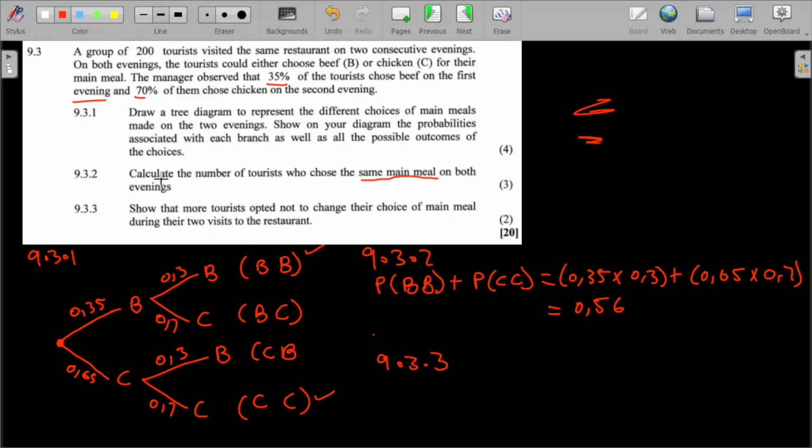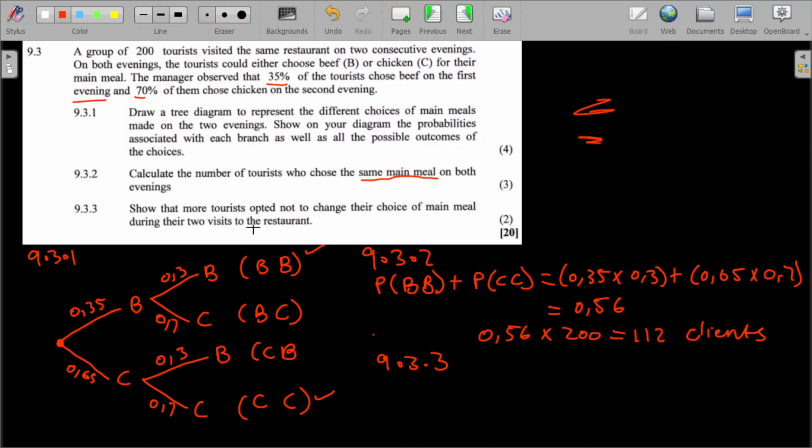Thank you so much. I'm not done here because I'm calculating the number of tourists. After finding these, we're going to say 0.56 times 200, because those are the 200 tourists, which is going to give me 112 clients. These are the clients that chose the same meal on both evenings.